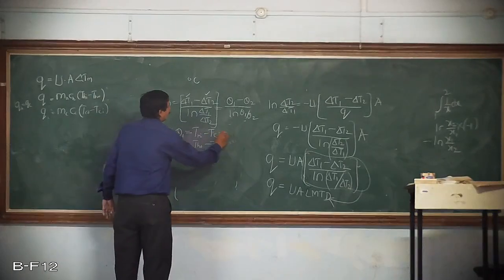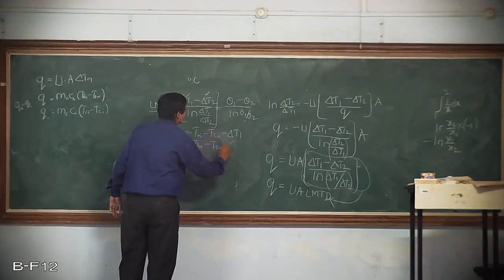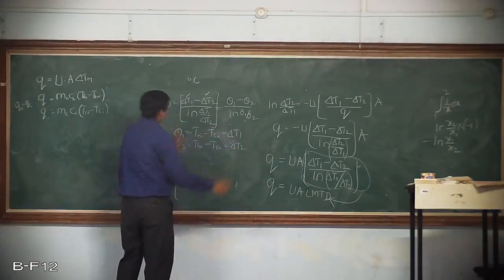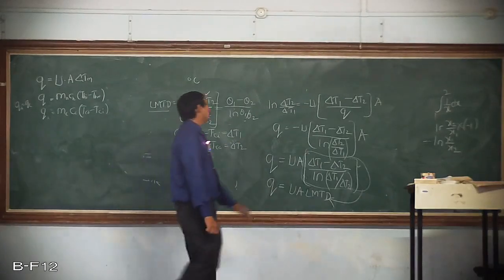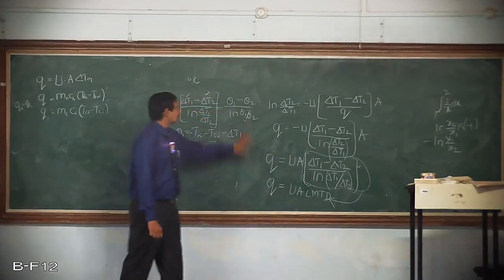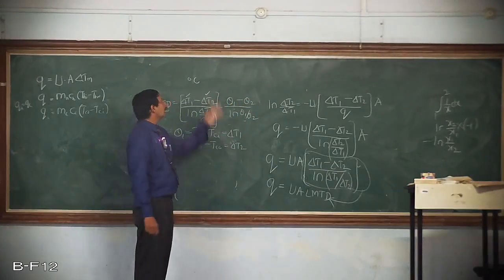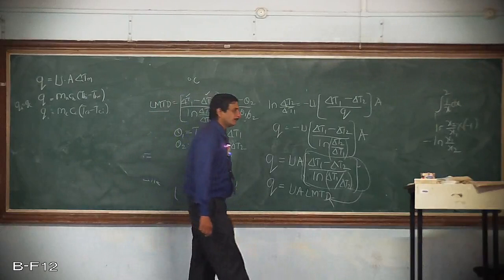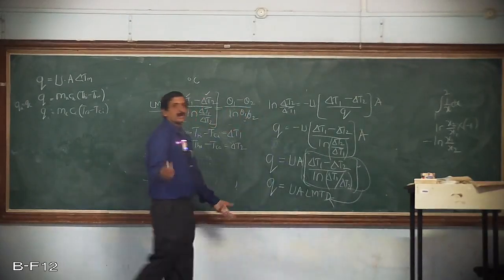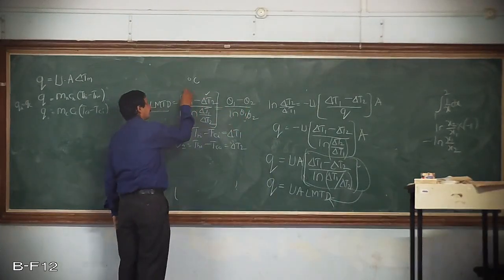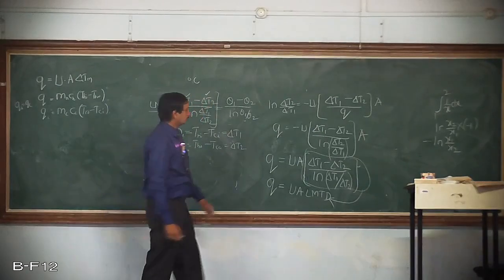You can use either delta T1 or theta 1, whichever is comfortable for you. In all cases, for the numerical purpose, I will be using theta 1 and theta 2, or if you want, you can use delta T1 or delta T2. That hardly matters. But remember, this is at the inlet and this is at the outlet.